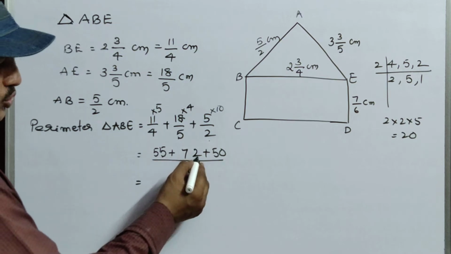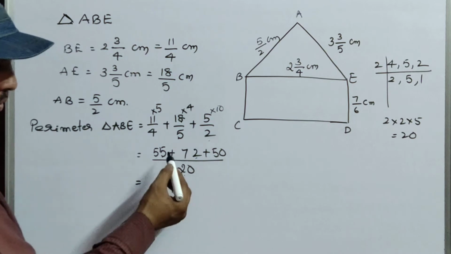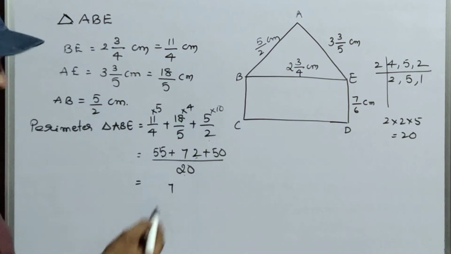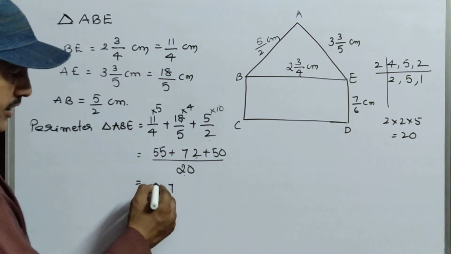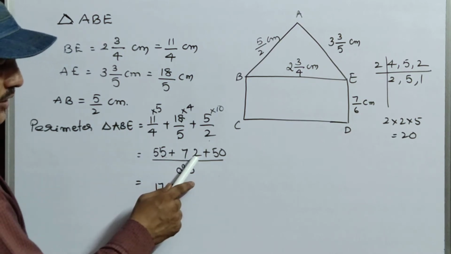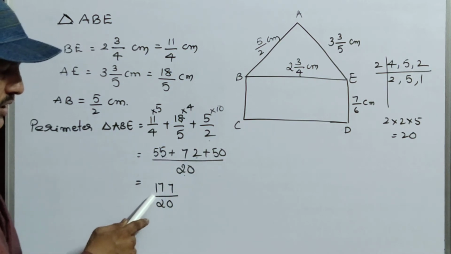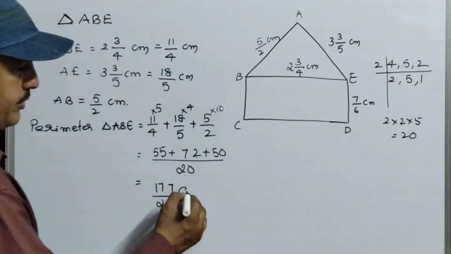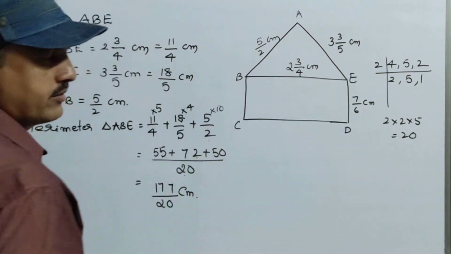Now add: 5 plus 2 is 7, 7 plus 0 is 7. Next 5 plus 5 is 10. 10 plus 7 is 17. So 177 by 20 centimeters is the perimeter of triangle ABE. Now we have to find the perimeter of the rectangle.